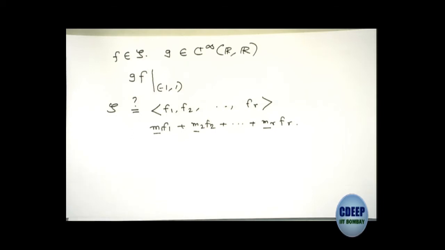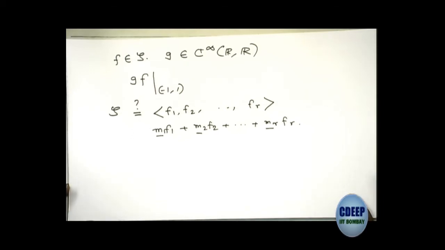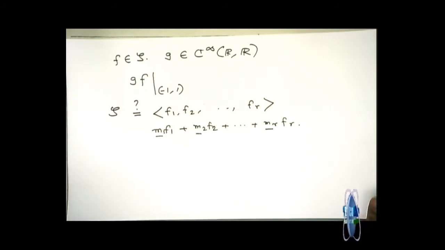Okay, question 3 is an interesting one. We will not do it here, we don't have much time, but it's a nice exercise and I urge all of you to do it at home. This is what enables us to carry out the Euclidean division algorithm to find the GCD of multiple numbers or multiple polynomials.